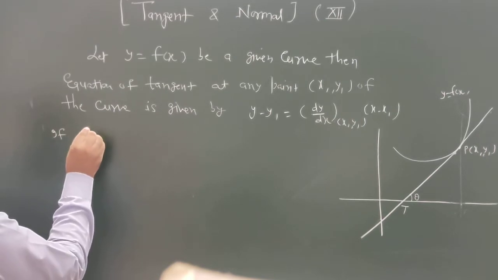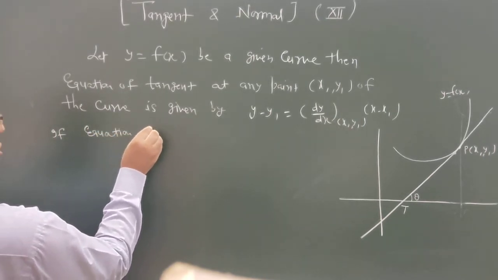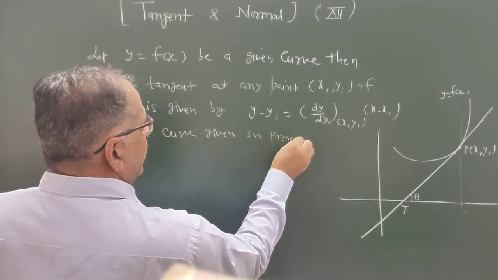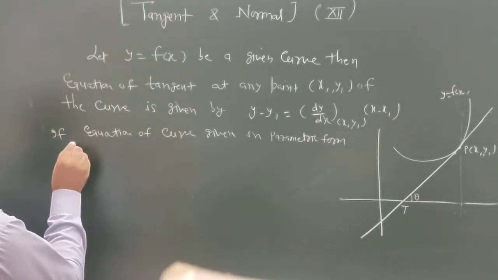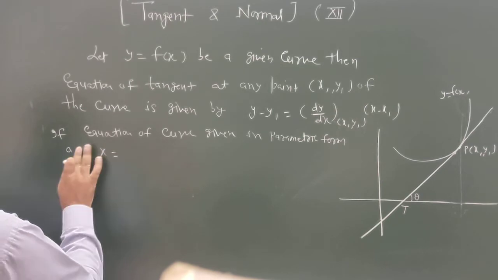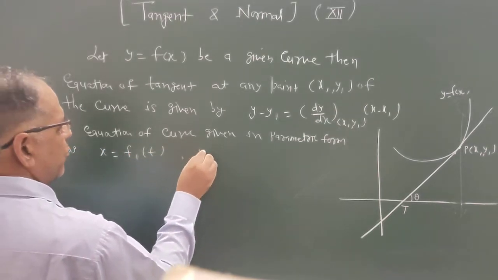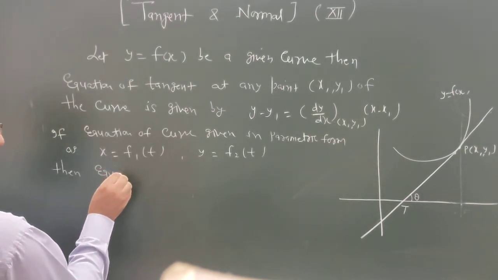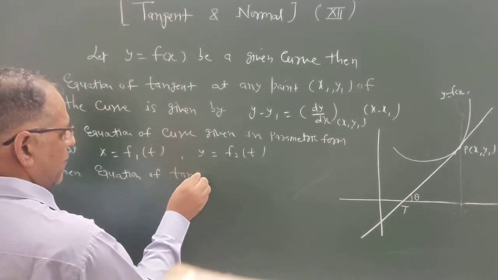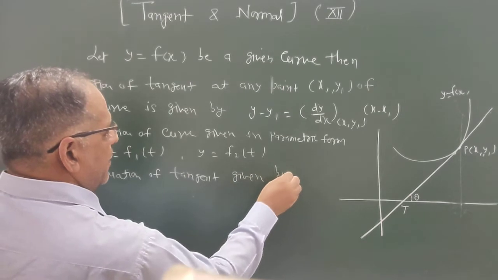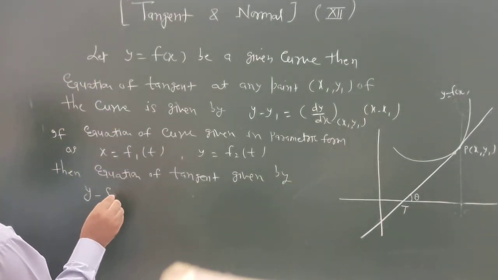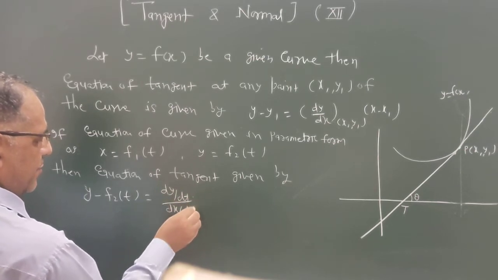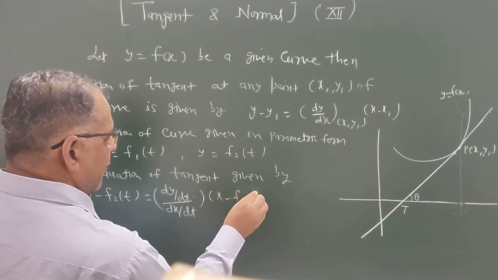If the equation of the curve is given in parametric form as x equal to f1(t) and y equal to f2(t), then the equation of tangent is given by y minus f2(t) equal to dy over dt upon dx over dt, into (x minus f1(t)).